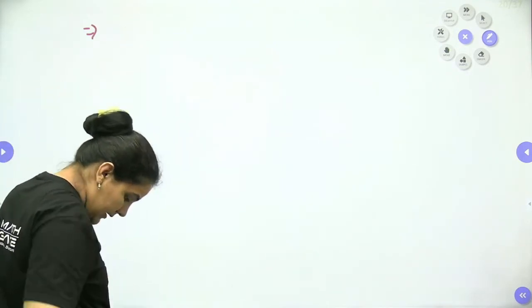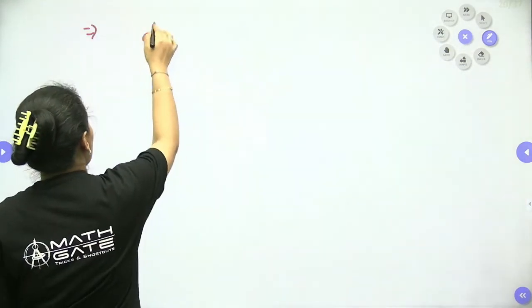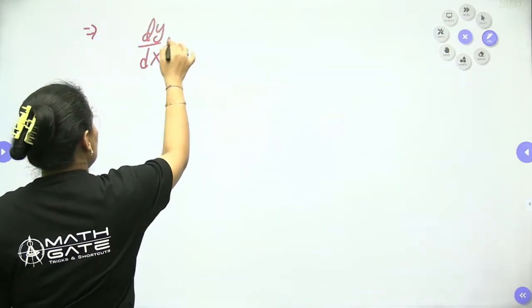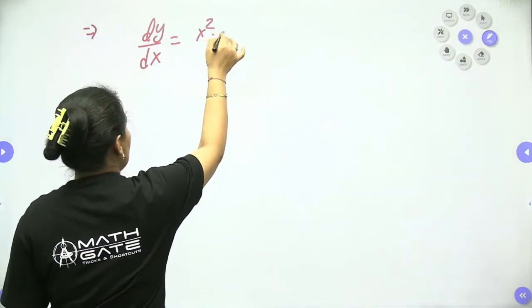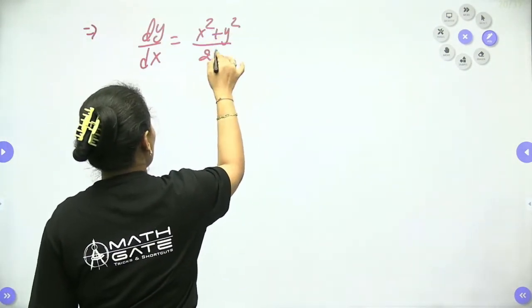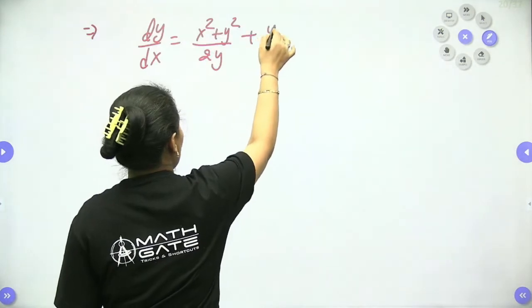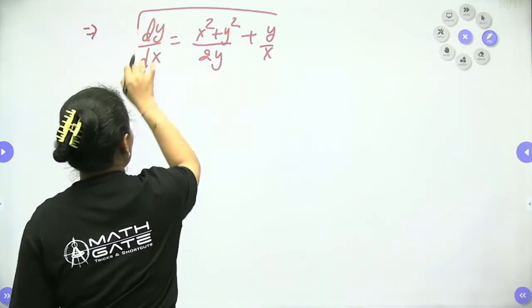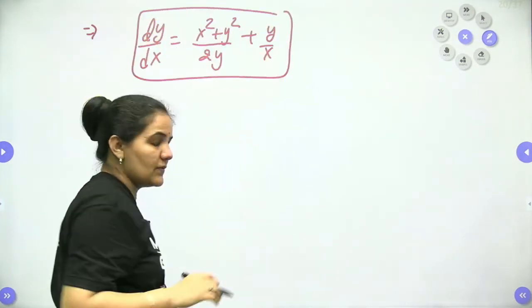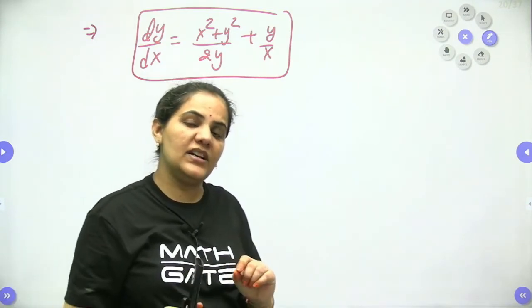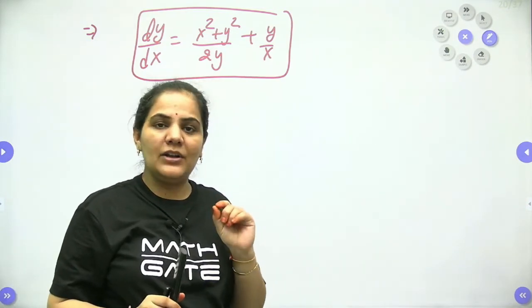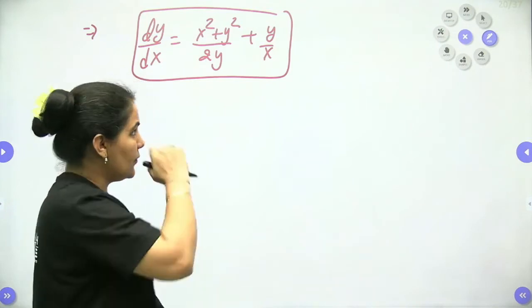So from here we can write dy by dx is equal to x square plus y square by 2y, plus y by x. Now many of you students may think, ma'am, this is not a homogeneous function. It is a homogeneous function, dear students, but with a different approach. Just focus on this one.